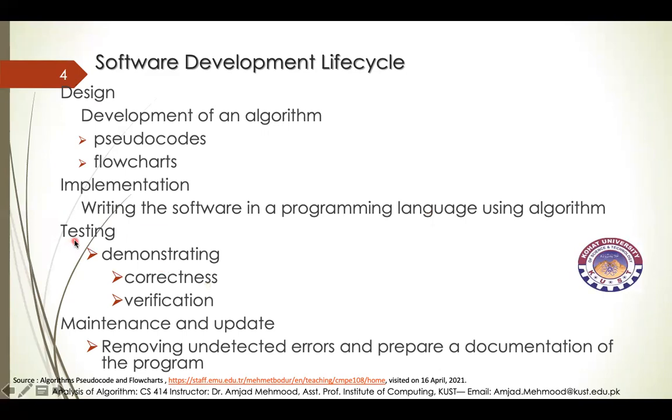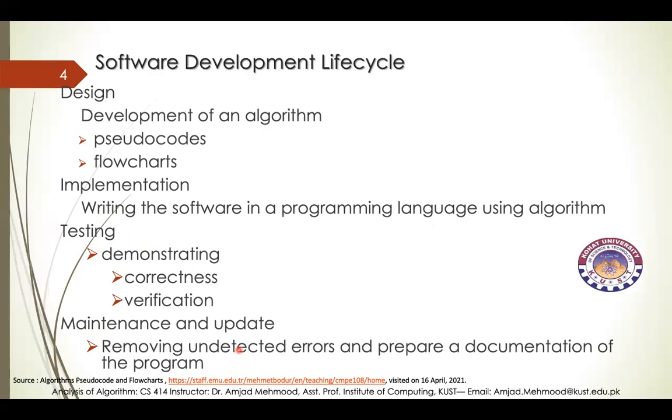Then you have testing. In the testing we demonstrate how we will check the correctness and verification through different techniques like black box and white box. So you try to test the correctness and verification of that problem. And then maintenance and update, removing undetected errors and preparing a documentation of the program.